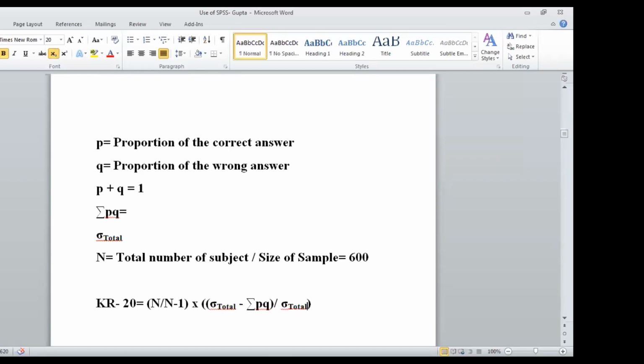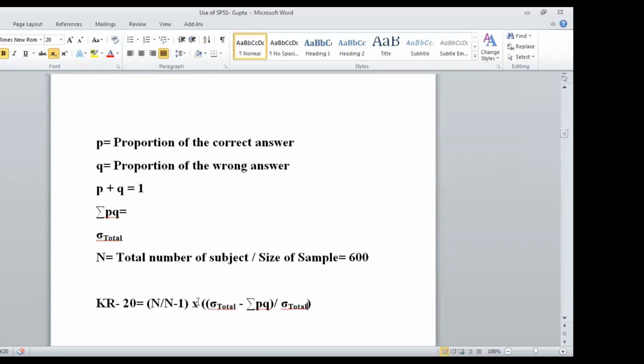So you have to find out these values. And if this is more than 0.5, then of course it is high, otherwise it is low.